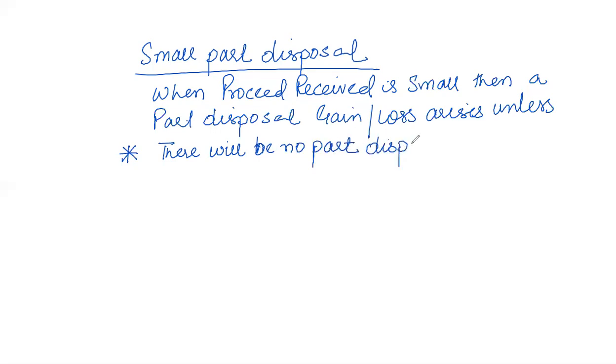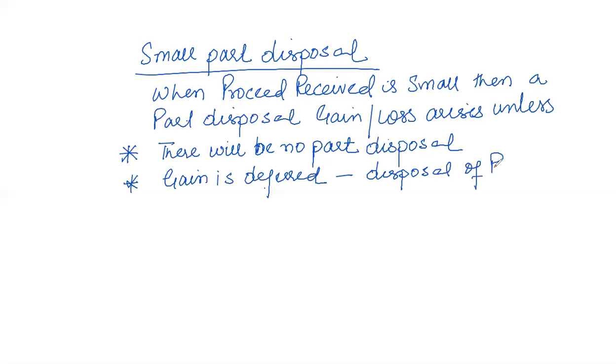It means that you get a type of exemption that you don't need to pay any tax on this part disposal, and the gain is to be deferred until the disposal of the remaining part. So it's a timing relief, and the gain is deferred.